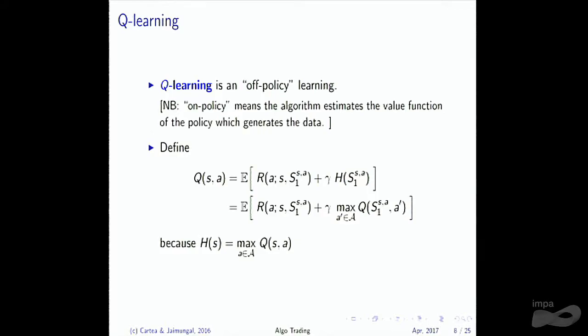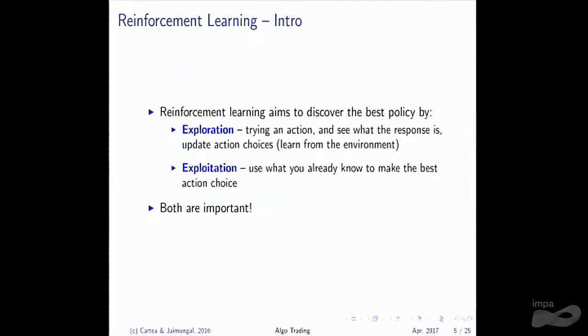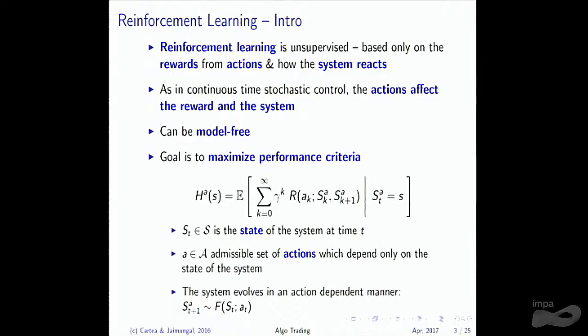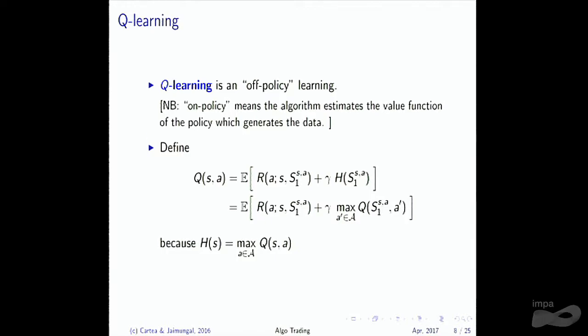But you can rewrite the value function at the new point in state space as the maximum of Q, because this expectation that shows up here is Q. So the value function is just the maximum of this Q. That's why I've replaced H with that.